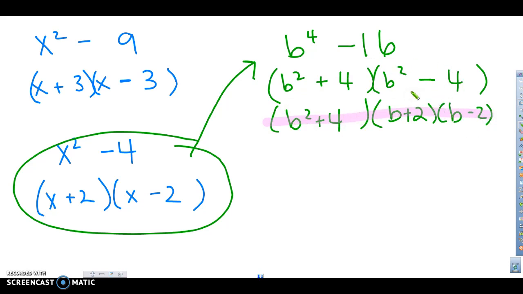So this b to the 4th breaks down a little bit even more. Okay, so if it says on a test or a quiz, factor completely, make sure that when you factor it that first time, like here, you don't have any more differences of squares that could go down like that. So we do want to factor completely.